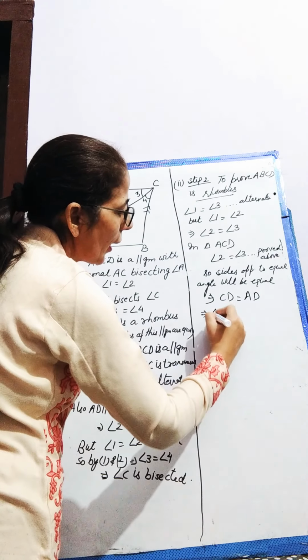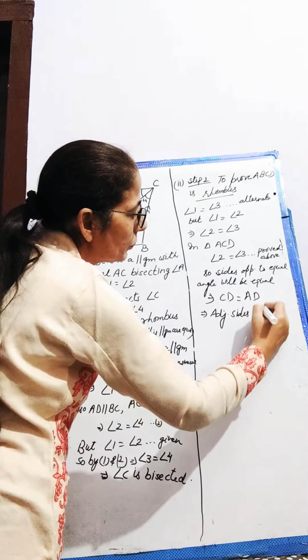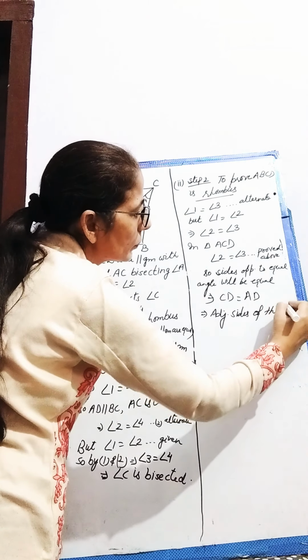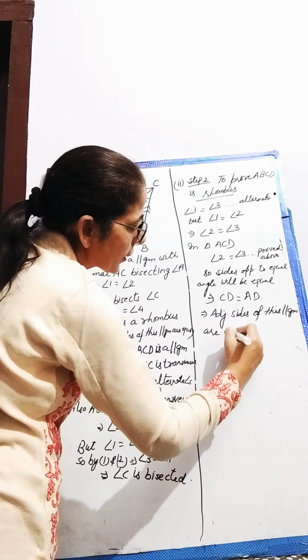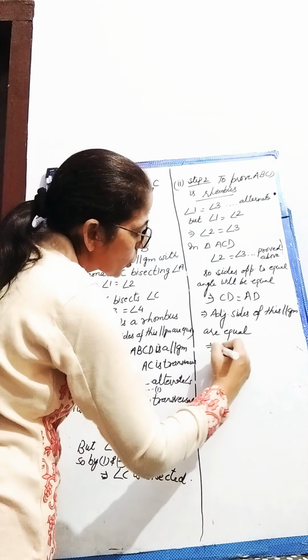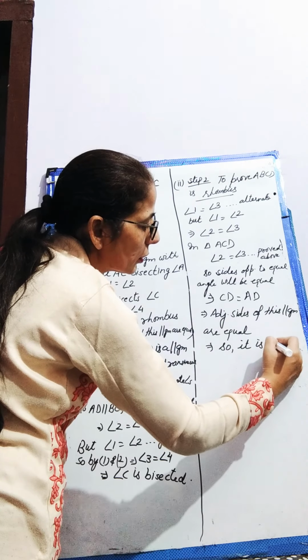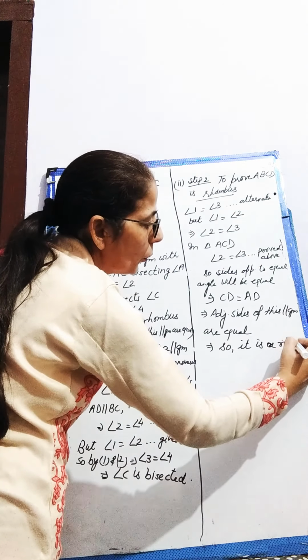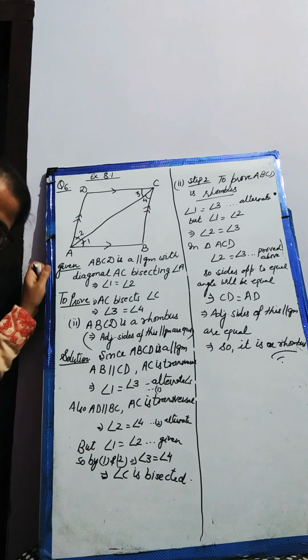This means adjacent sides of this parallelogram are equal. Because adjacent sides are equal, it is a rhombus. I hope you have understood. Got this part? This is very easy.